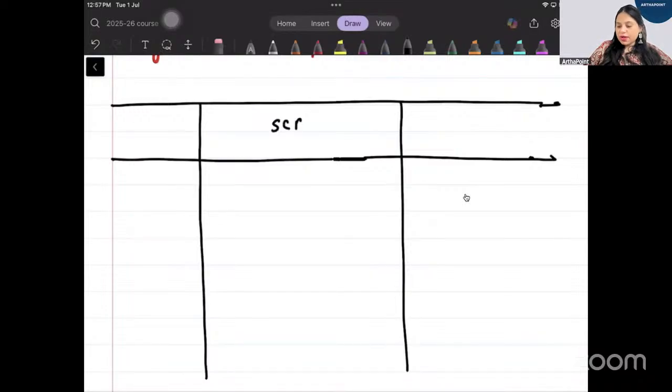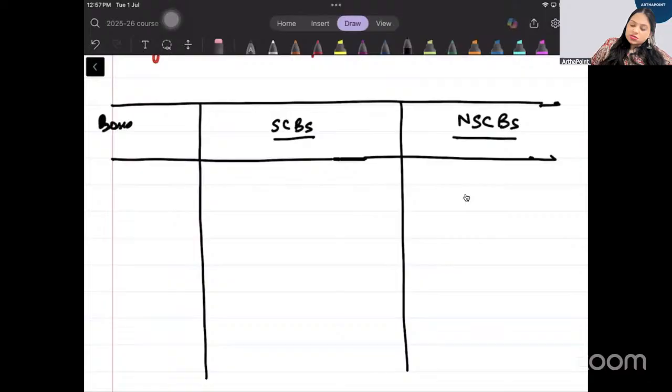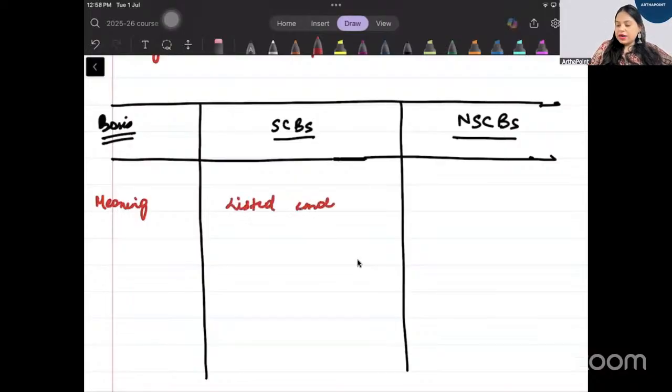Scheduled commercial banks, non-scheduled commercial banks, basis of difference. Right? First thing, meaning. Meaning I've already told you, this is listed under RBI Act 1934. This is not listed.